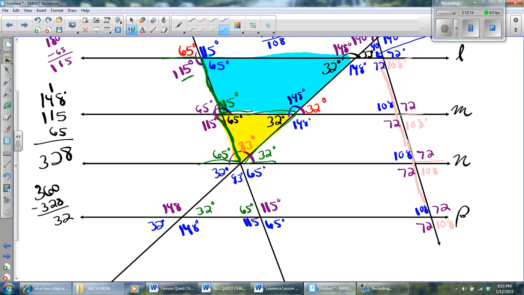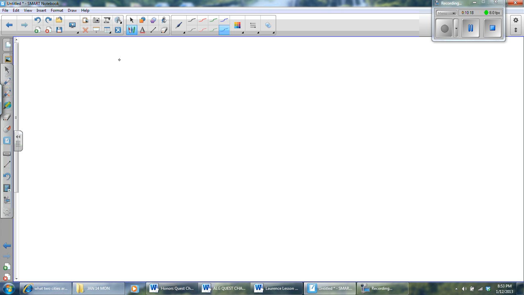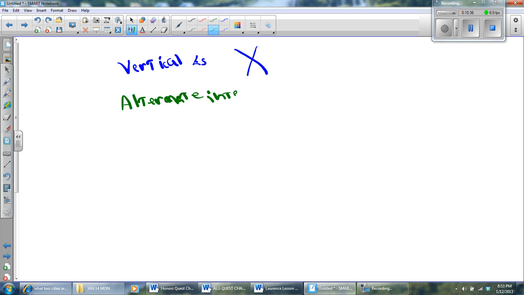So all I did was use the angles I knew. I used my vertical angles, right? I know they're congruent. Remember, they make x's. I used my alternate interior angles.